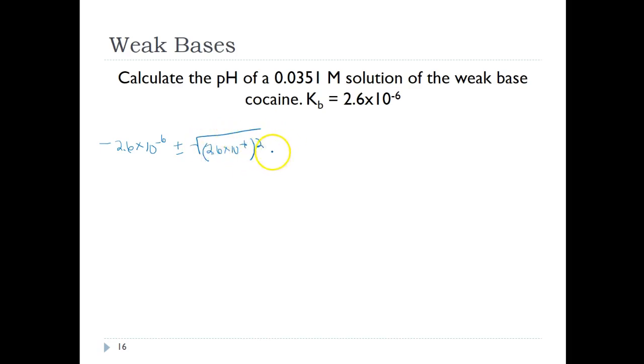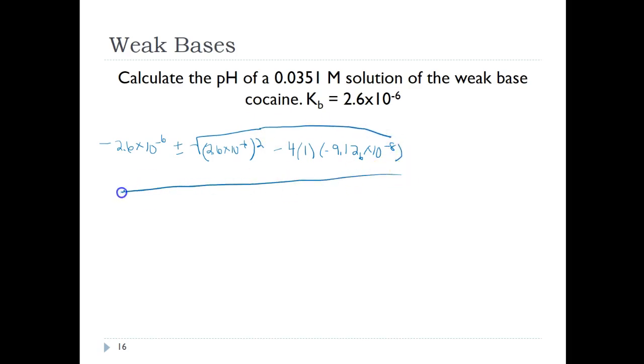That's a negative 12. Minus 4ac, so a is 1, c is negative 9.126 times 10 to the negative 8th. And this is all inside of the square root. And then this whole thing over 2a, so 2 times 1. So we're going to be in the situation again where the subtraction term in this quadratic formula is not going to be relevant to us because you do not have a negative molarity.